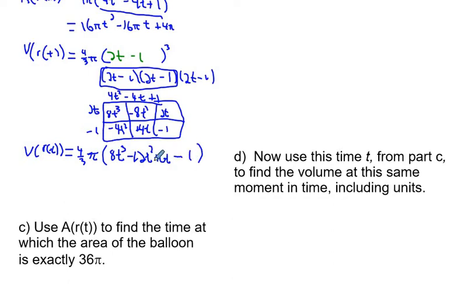And again, if you want to, you can distribute this through. So that would be 4 times 8 divided by 3, which would be 6 pi t cubed. And then 4/3 times 12 would be negative 16t squared. And then 4/3 times 6 would be 8t. Sorry, these should have pi's on them, don't forget it's 4/3 pi, so 16 pi t squared and 8 pi t. And then 4/3 times negative 1 is negative 4/3 pi.